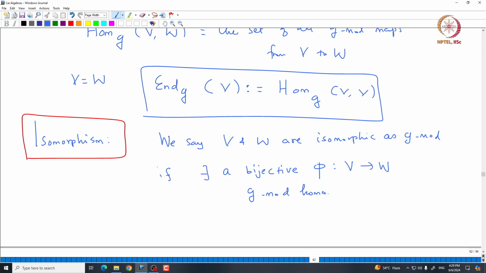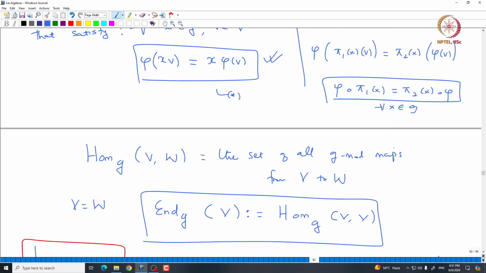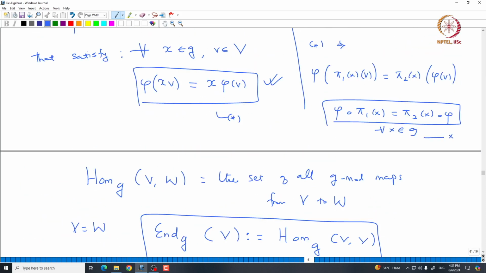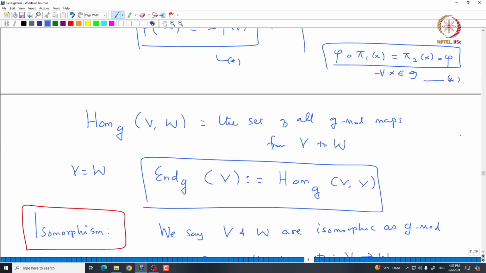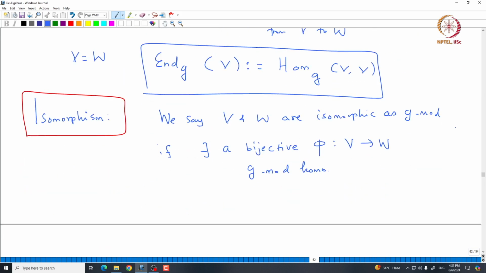So, if we have an isomorphism between V and W, then you can use this condition to rewrite that. But let us see what it means when we take V equal to W, because we want to classify all two-dimensional representations of the two-dimensional non-abelian Lie algebra as well as the two-dimensional abelian Lie algebra.